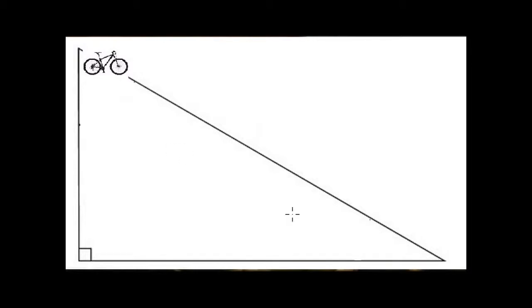Second part of the problem, using that information, that 30-degree angle, we're going to find our constant acceleration. So plugging that into this equation, acceleration is equal to acceleration due to gravity times the sine of theta.